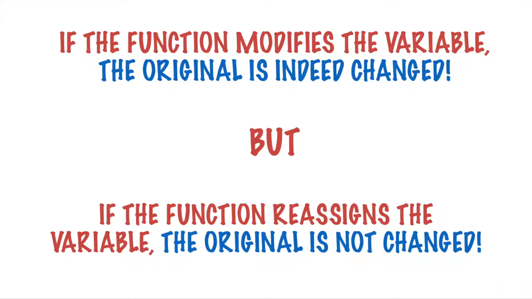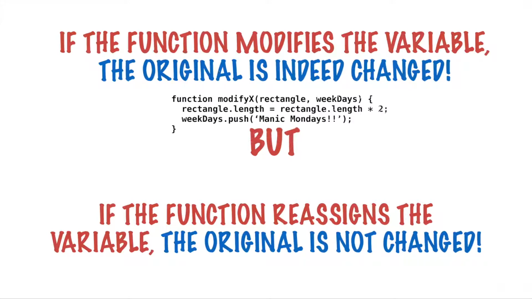What we're going to do is to look at two bits of code. One which will modify an object and an array, and the other which will reassign an object and array. And you'll see exactly how they behave. The first bit of code is called modify x. It takes in an object rectangle and an array weekdays, and it tries to modify it.